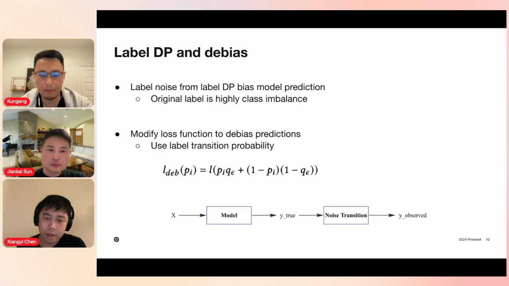The idea is that instead of applying the loss function to the true prediction of the model, we use Bayes' rule to calculate the prediction of the observed probability in the noisy data, and then we apply the original loss function to y observed, which is the prediction of the observed conversion probability in the noisy data. In this case, we can make sure the true prediction of the model is still calibrated. Next, please.